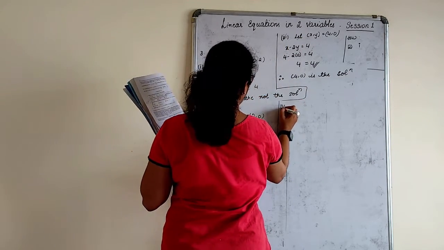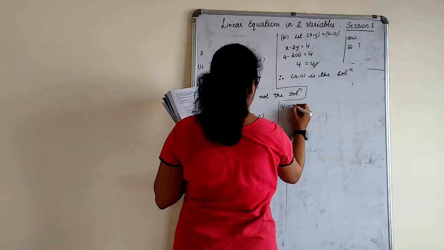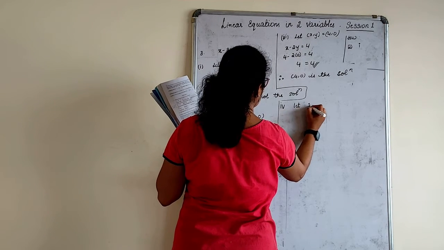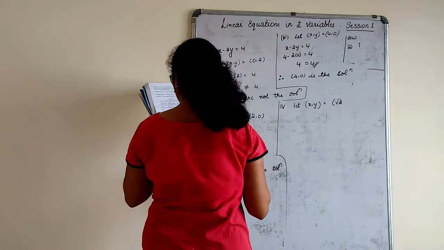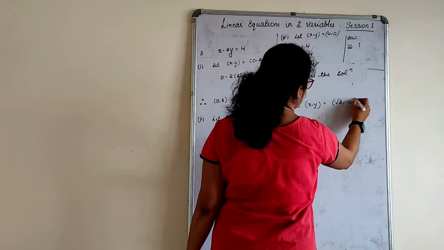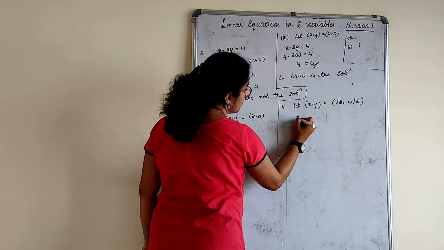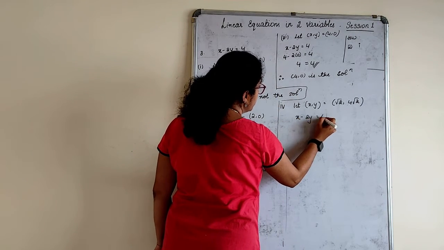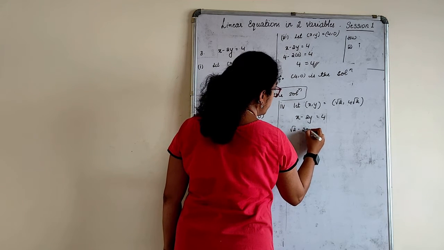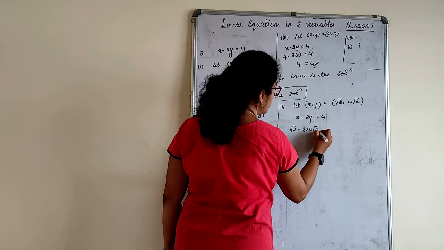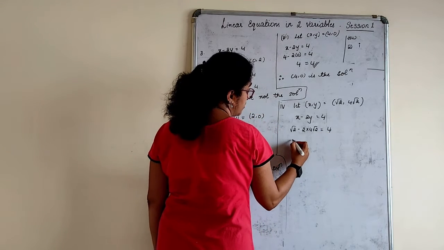Fourth one, let x comma y is equal to root 2 comma 4 root 2. x minus 2y is equal to 4. Root 2 minus 2 into 4 root 2 is equal to 4.